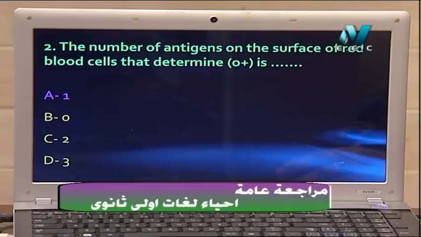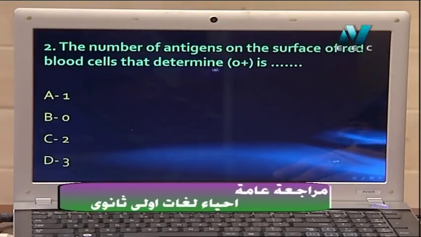Second question. The number of antigen on the surface of the red blood cell that determine O positive is. The antigen you studied before is found in the red blood cell.